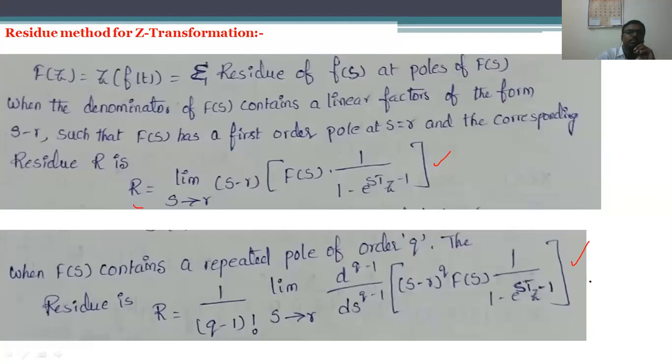Let us move to the problems, so that after solving one problem you can get the basic idea to obtain the z transform using the residue.